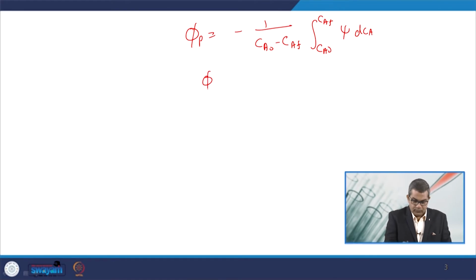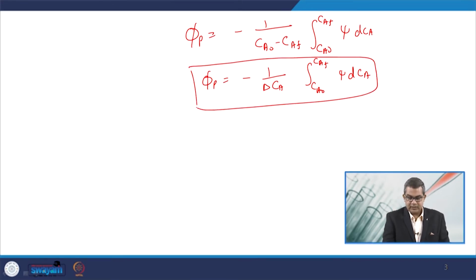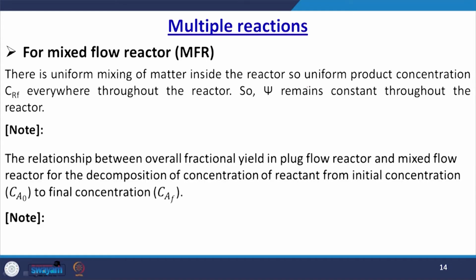Now, this phi p is equal to 1 upon delta Ca, integral from Ca naught to Caf of psi dCA. So, this is the relationship for the plug flow reactor.